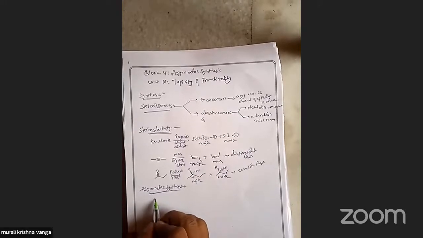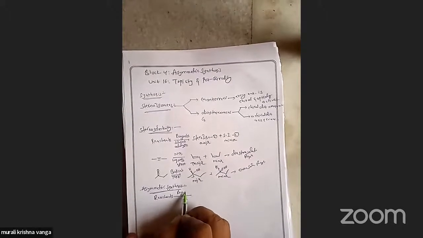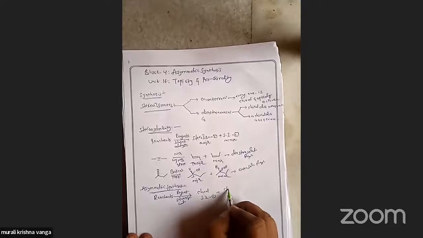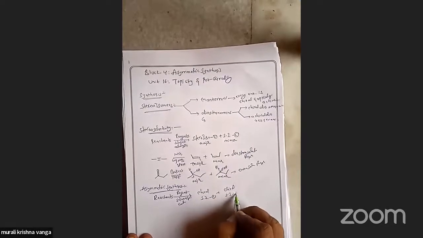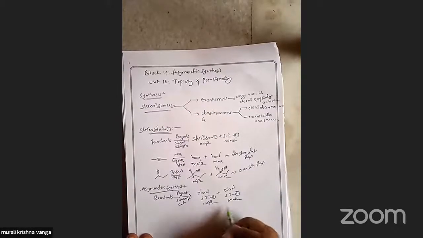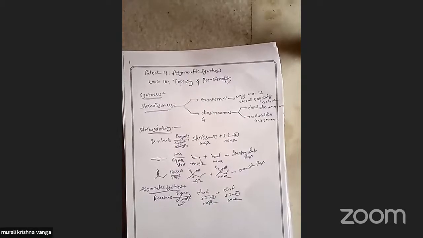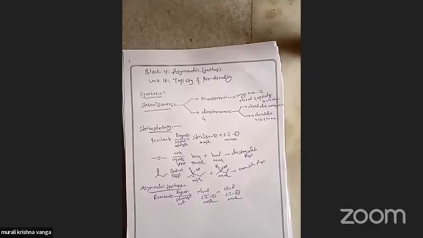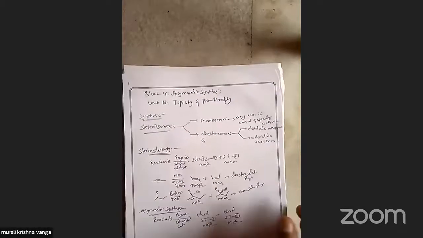That means when a reactant, in the presence of reagents, solvent, and catalyst, produces chiral stereoisomer 1 and chiral stereoisomer 2, where one is major and the other is minor, this is asymmetric synthesis.